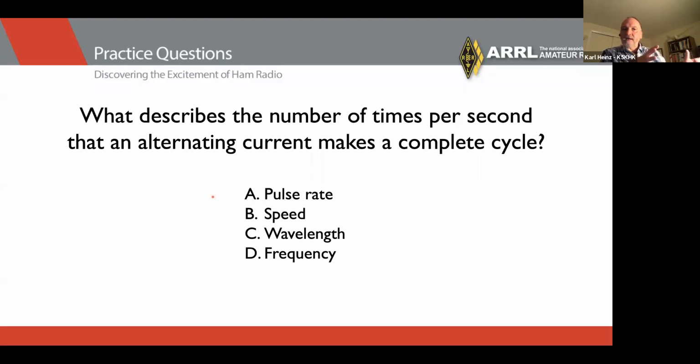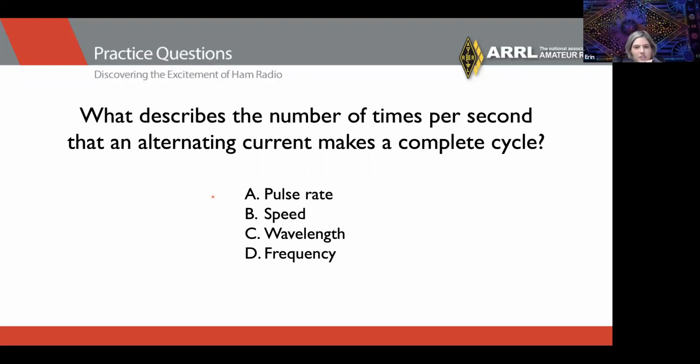It doesn't really matter what we are dealing with: the amplitude, the frequency, the period, the wavelength, all these things apply to every kind of wave. And we can deduce from that what we would call the number of times per second that an alternating current makes a complete cycle. So what do you think is the right answer here?